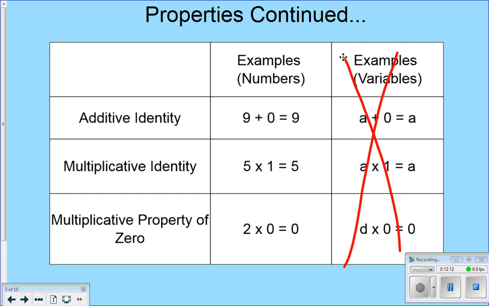Additive identity, multiplicative identity, and actually you can even call this the zero property. If you want to call this the zero property, I'm okay with that. That makes it easy.